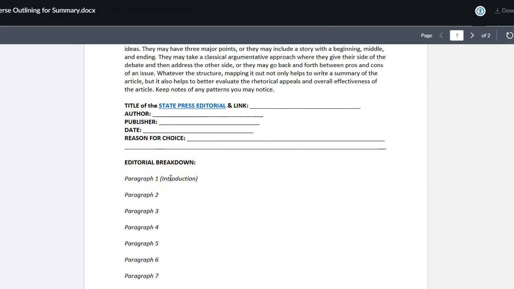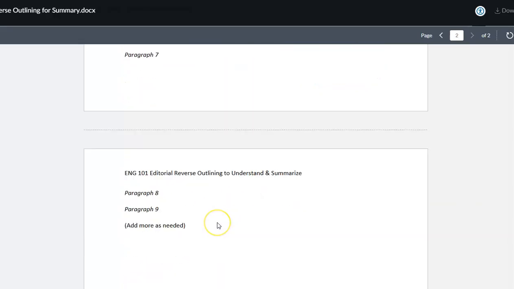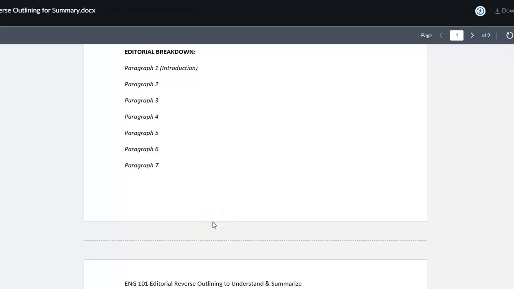Basically, you're going to read a paragraph or a section and write a sentence that tells the reader, tells me, or records for you, what the author is doing in that paragraph. So you're not just paraphrasing the paragraph, you're saying, what does the author do in that paragraph? Do they introduce the topic? Do they bring in outside sources? Do they share a personal story? You're going to write those out for each paragraph, because that will give you material that you can then bring together and form a summary for your audience.